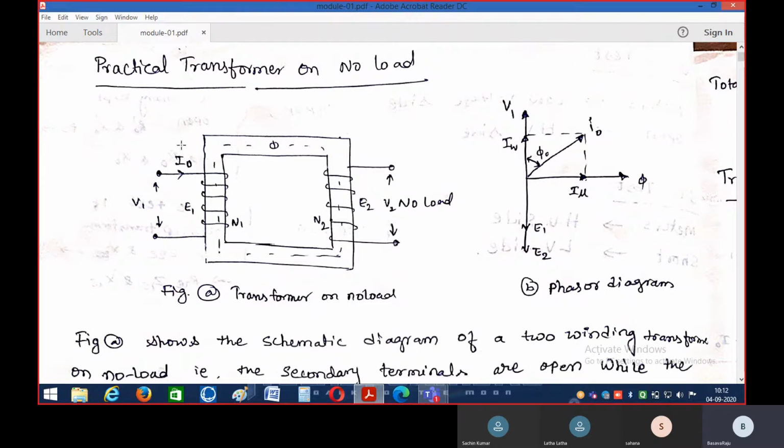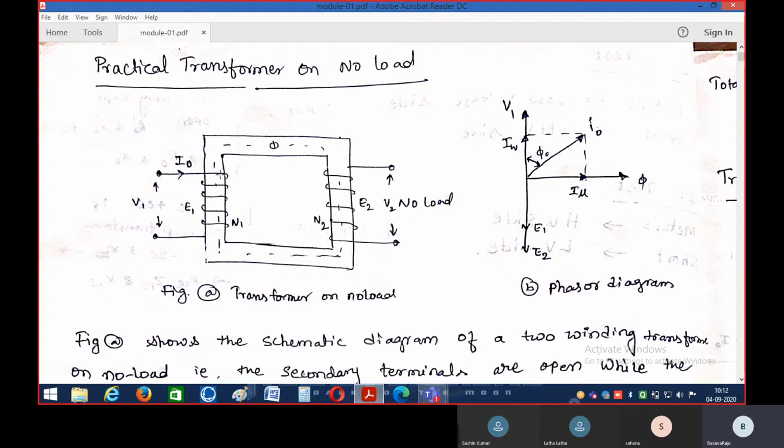Here I naught represents the amount of current flowing through the primary winding during the no load condition. Why? Because here I have not connected any load on the secondary terminals of the transformer. Whatever current the primary is carrying, we call it the no load primary current.